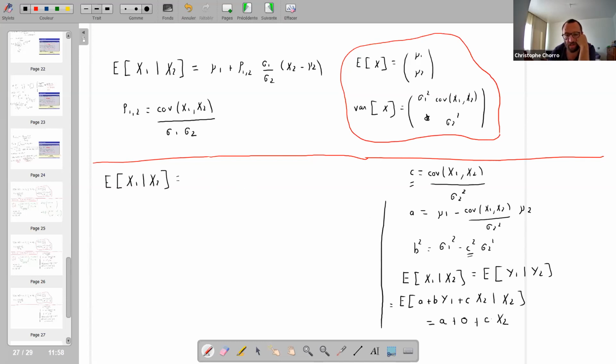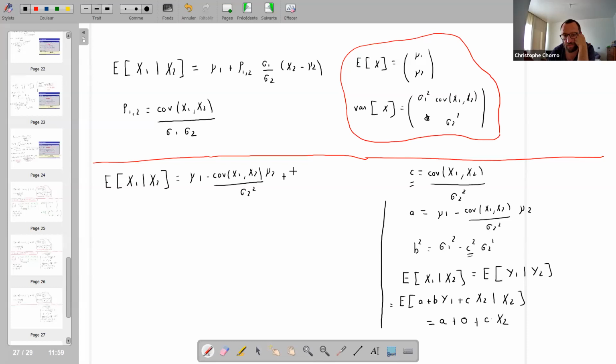A is this one. It's mu1 minus the covariance between x1 and x2 times mu2 over sigma 2 square. So it is the small a here obtained from this expression that I have just copied here, plus what is c?